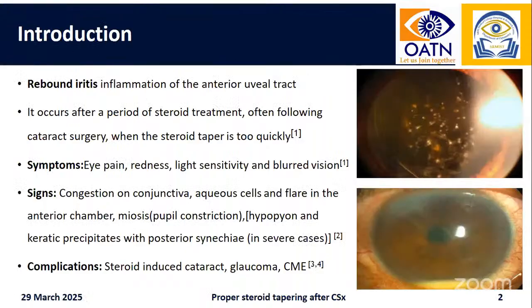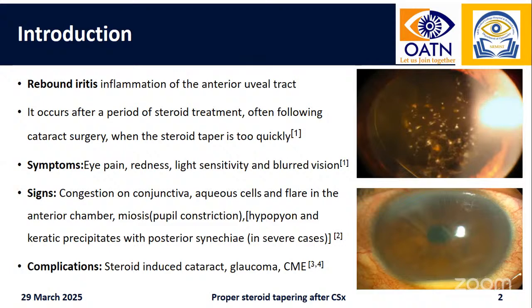The most common complication which occurs after cataract surgery is rebound iritis. Rebound means it returns. Iritis is an inflammation of the anterior uveal tract, where if the steroids are not continued properly or are stopped too quickly, rebound iritis may occur.